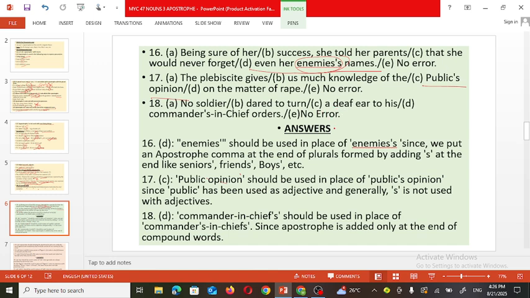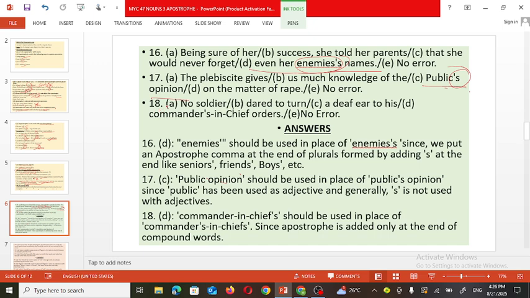Public opinion. There is no need to use "public's opinion", so "public opinion" is enough here. "Public opinion" must be used instead of "public's opinion", since public has been used as an adjective in the sentence. Generally we do not use this apostrophe sign with an adjective.